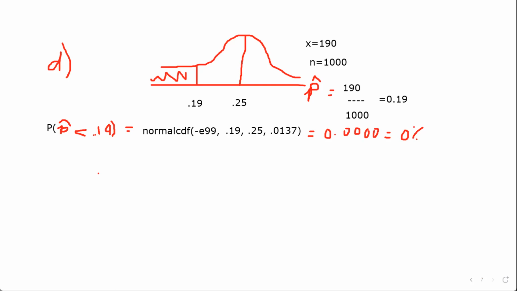This doesn't say that it goes with the 300 voters, does it? This doesn't say 55% of the sample. This says 55% of registered voters. This is your P here.